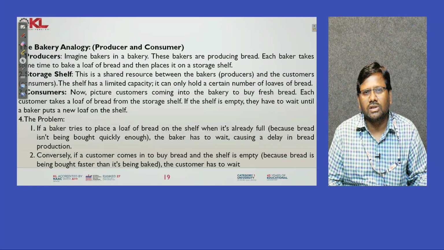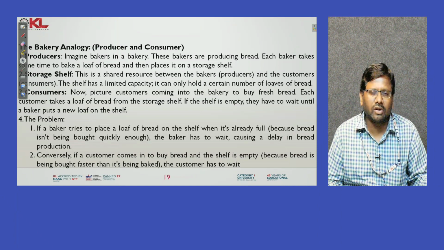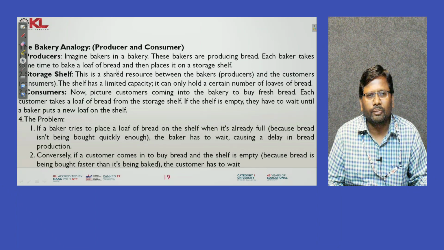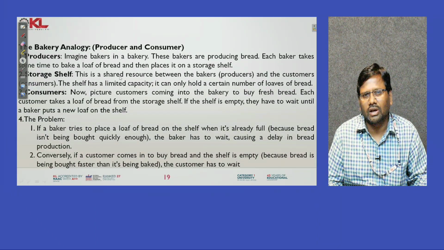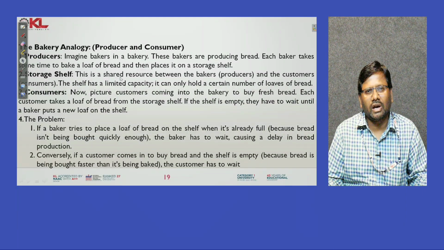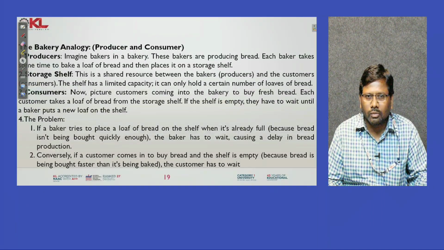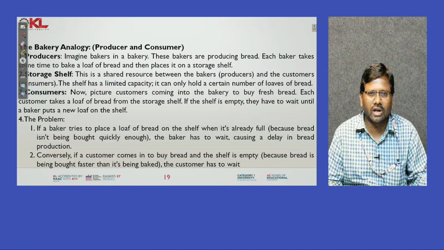If the cakes reduce, it indicates there is much demand and the producer is going to produce more cakes. But if no one is coming to take the cakes kept on the shelf and the chef keeps making cakes, that doesn't give a correct scenario. If more customers are demanding, then more could be produced. So that's the understanding between producer and consumer.